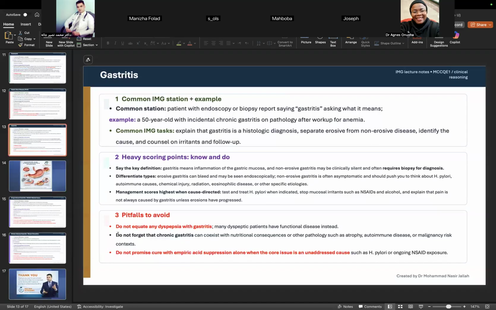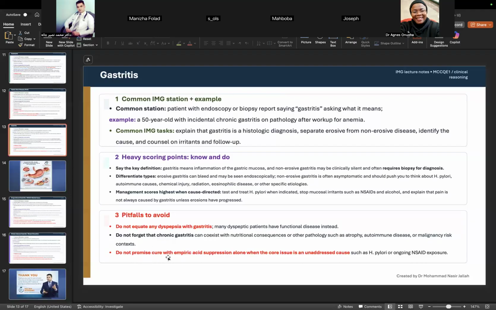Pitfalls: do not equate any dyspepsia with gastritis. Many dyspeptic patients have functional disease, so we have to make sure that we rule it out. Do not forget that chronic gastritis can coexist with nutritional consequences or other pathology such as atrophy, autoimmune disease, malignancy, risk context.